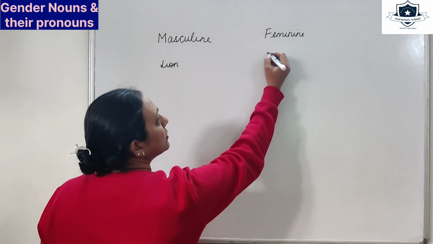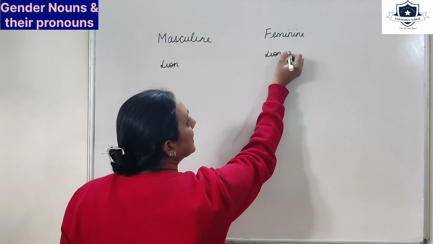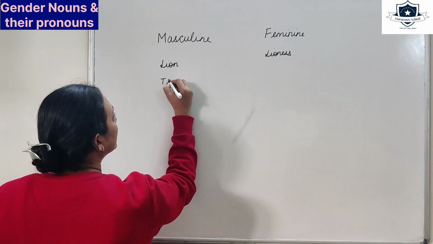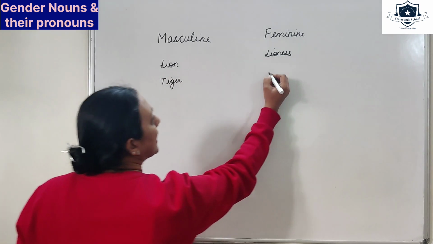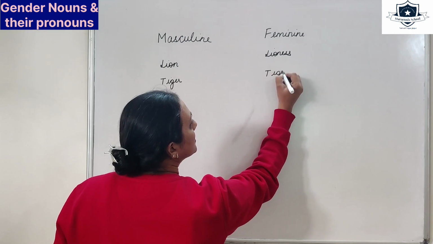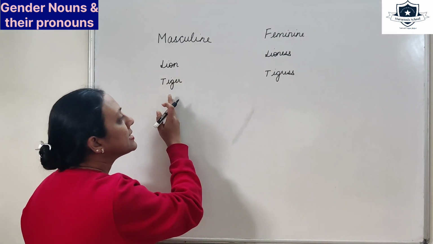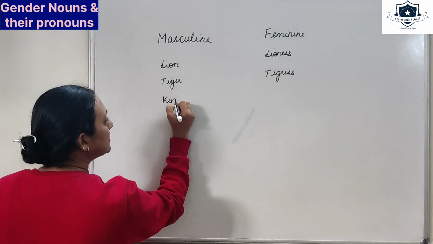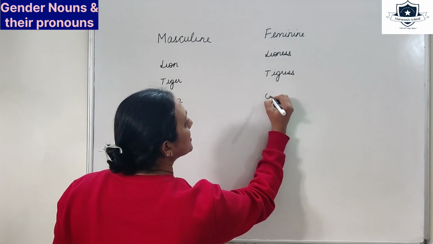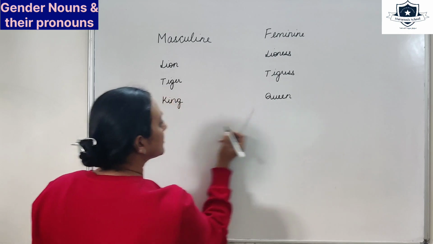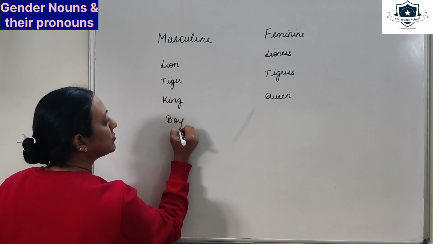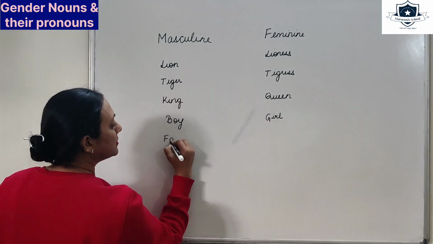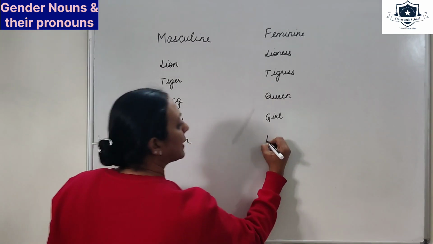So lion is a masculine noun. Lioness is the feminine noun. Then tiger and tigress. So tiger is the masculine noun and tigress is the feminine noun. Masculine, king. Feminine is queen. Boy, girl. Father, mother.